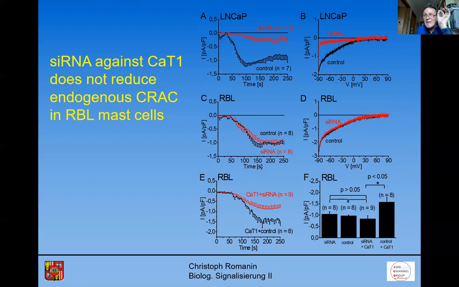And when we put CAT1 into the cell together with siRNA, as soon as CAT1 enters the machinery to make a protein, the siRNA is present at the same time, and it destabilizes and prevents expression of CAT1. And that is actually seen. You see a clear decrease to a signal that is left because of the endogenous CRAC channels, which are not subject to reduction by treatment with siRNA.